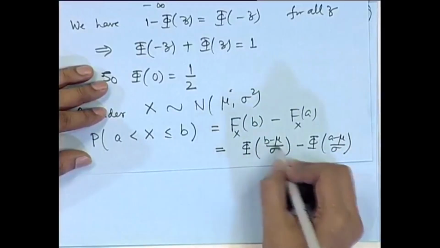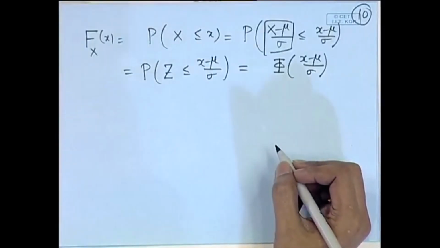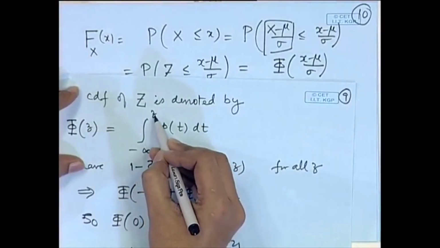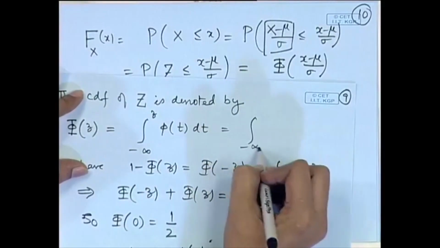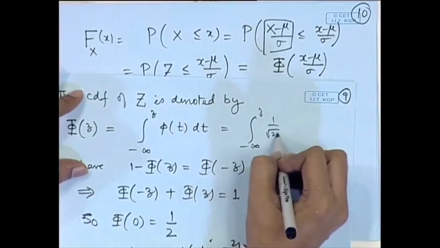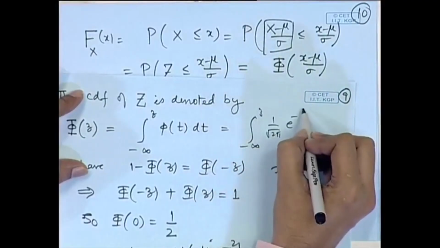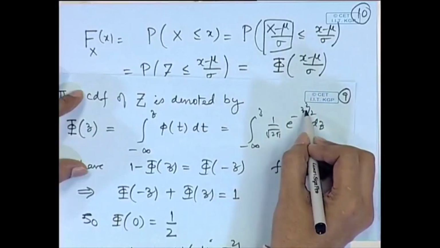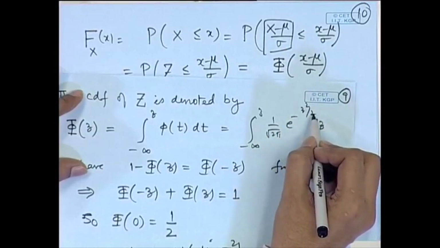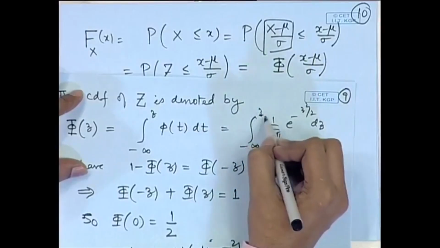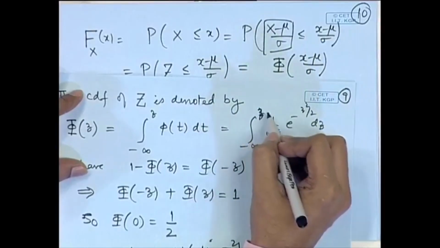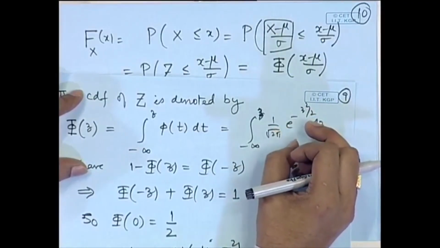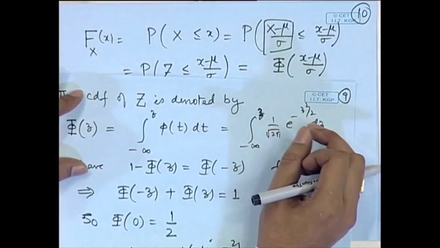Now, how do you evaluate this? Capital phi of z is equal to integral of minus infinity to z e to the power minus z square by 2 dz. If we make the transformation z square by 2 is equal to t after suitably altering the ranges, so that it is a 1-to-1 transformation, it is reducing to an incomplete gamma function.